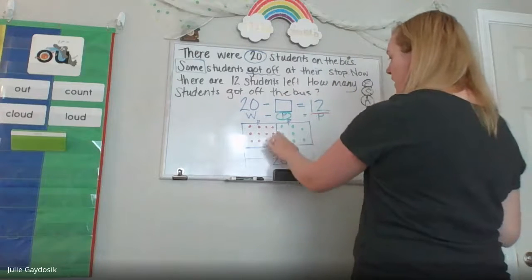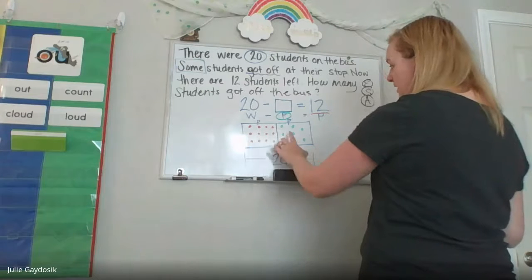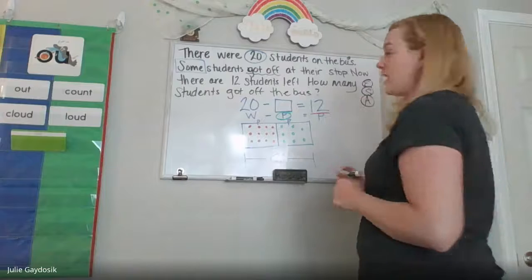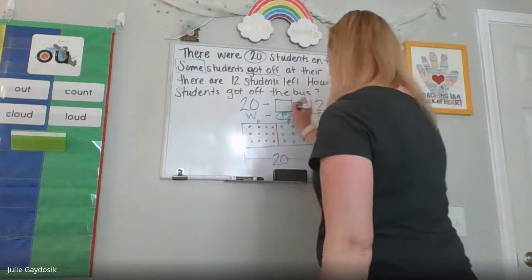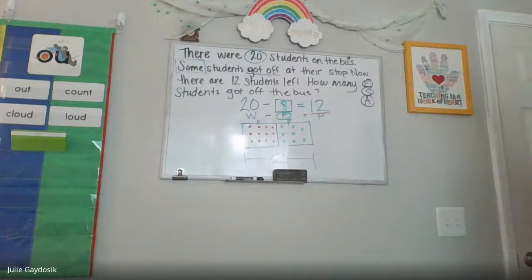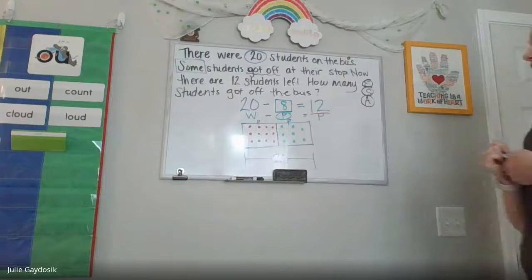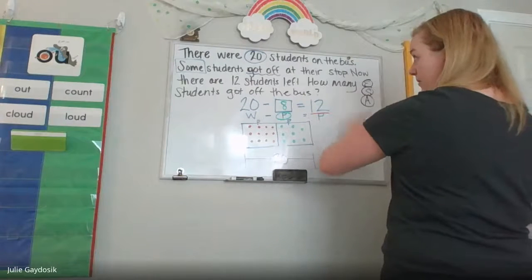So I'm going to count how many green circles I made in here, knowing that this number plus this number equals the whole of 20. 1, 2, 3, 4, 5, 6, 7, 8. So 20 minus 8 equals 12. Okay? 20 minus 8 equals 12. So that is how you solve this type of word problem.